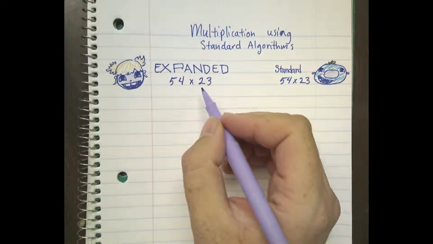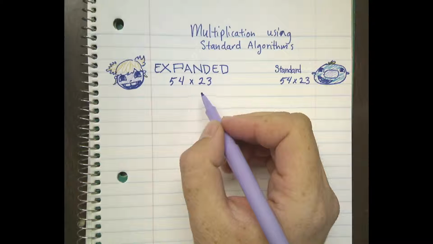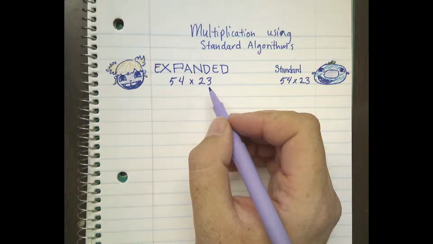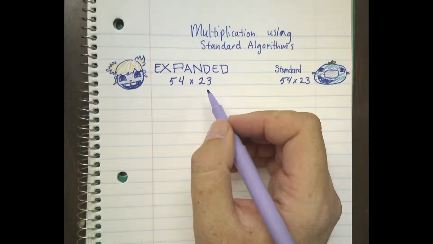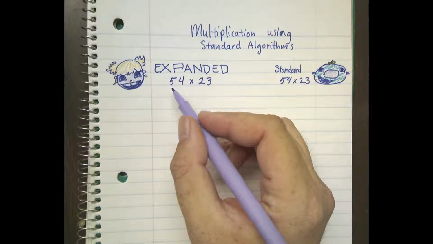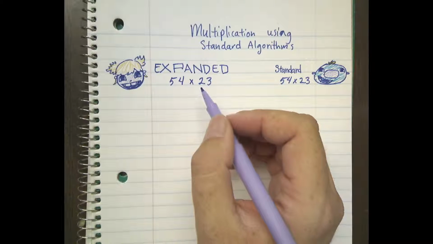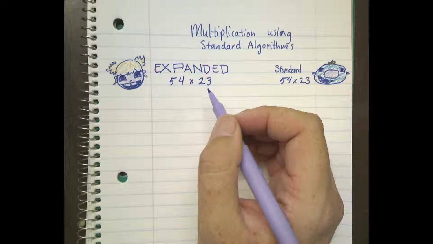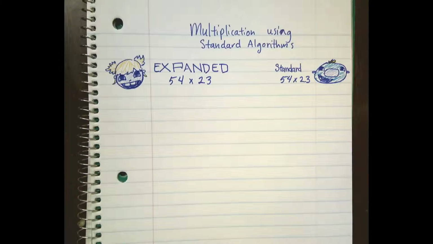And when I'm looking at 23, it's really 2 tens and 3 ones. So I want you to keep that idea in mind, 5 tens and 4 ones and 2 tens and 3 ones. It's really important. So let's talk about expanded form first.